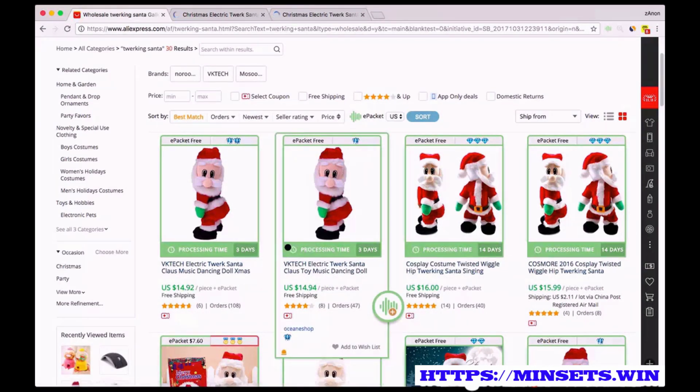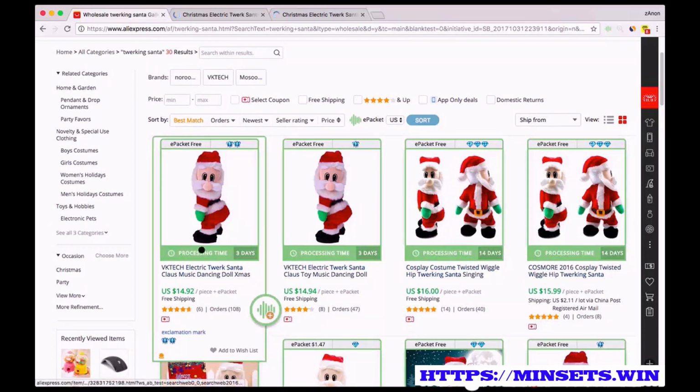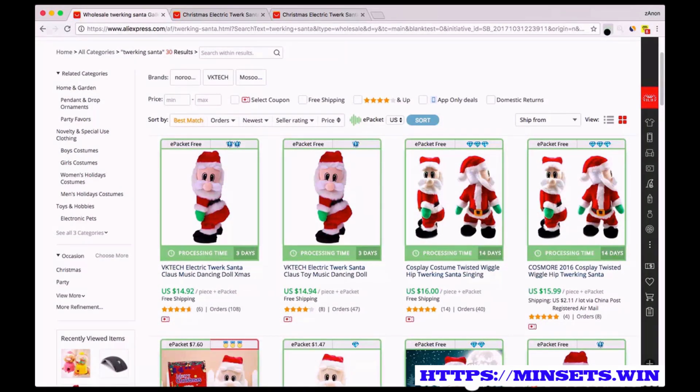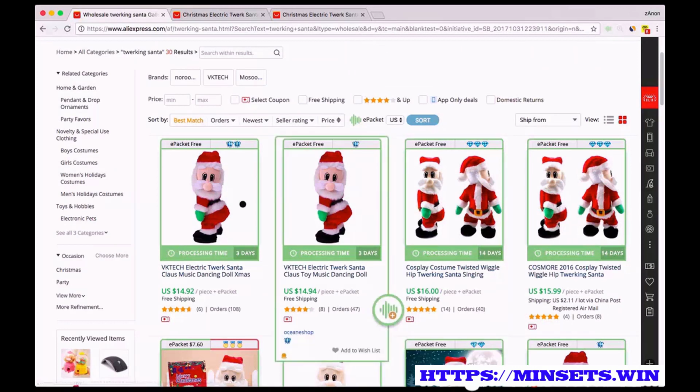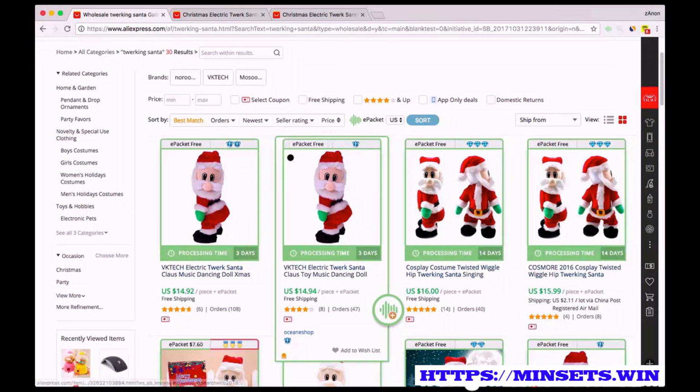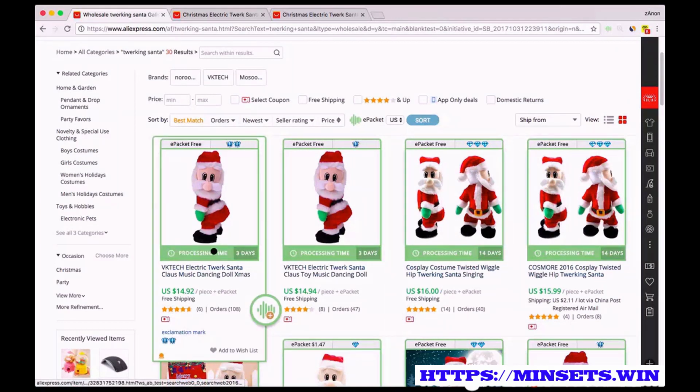And just to take it back a step, this green stuff here and this green button here is the Dropified Chrome extension that I told you to install earlier. So that's up here. So if I wanted to add one of these products to my store, I just click that and it will load up into my store. So that's that green big box around it, and the green big box shows you the processing times, the seller ratings, and also shows you whether they have ePacket.